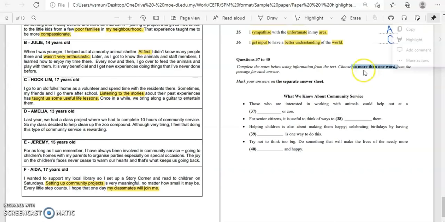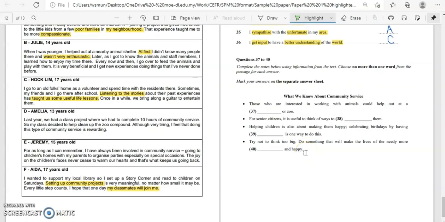Sometimes it may be no more than 2 words or no more than 3 words. That's why reading the instruction is very important, right? As you know how many words you need to write in the answer. So in this case, no more than one word. That means your answer should be one word only. Each of these blanks should be filled in with one word only.